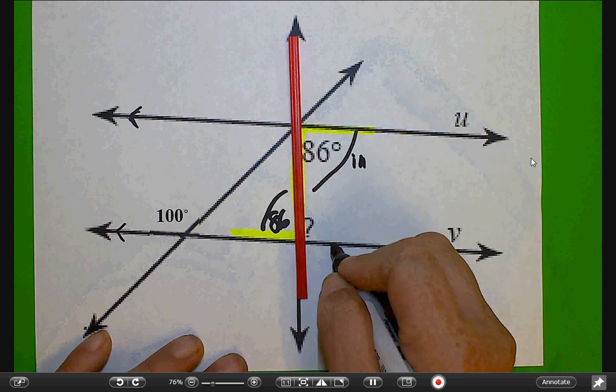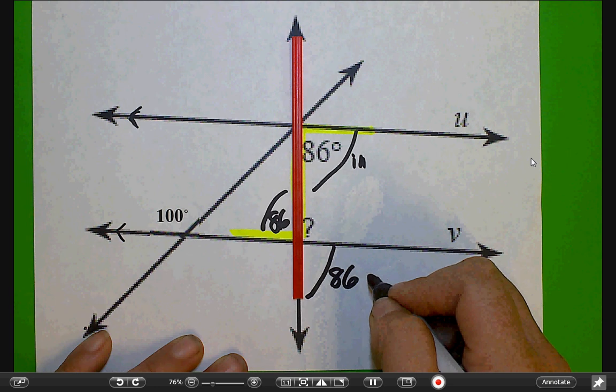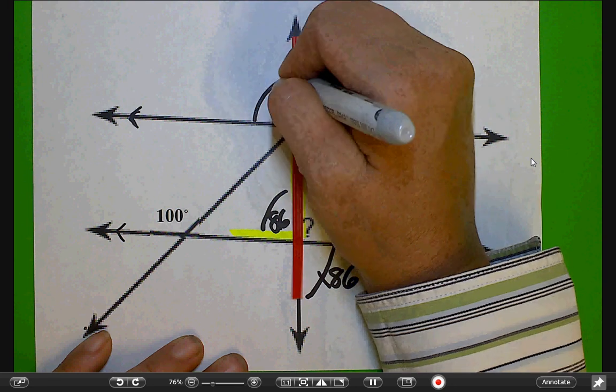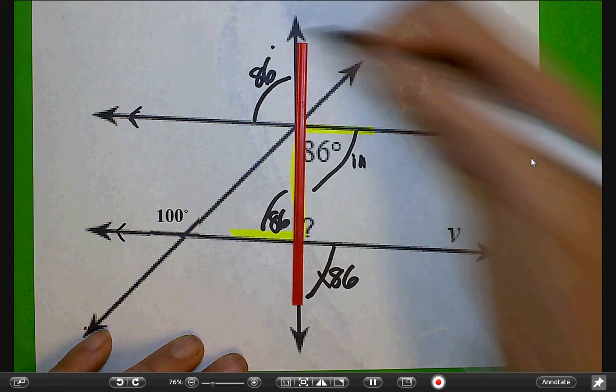This is in, one's out, same side, that's corresponding. That means this is 86. Alternate exterior, either side of the stir stick, outside the lines are also equal. That means this is 86.